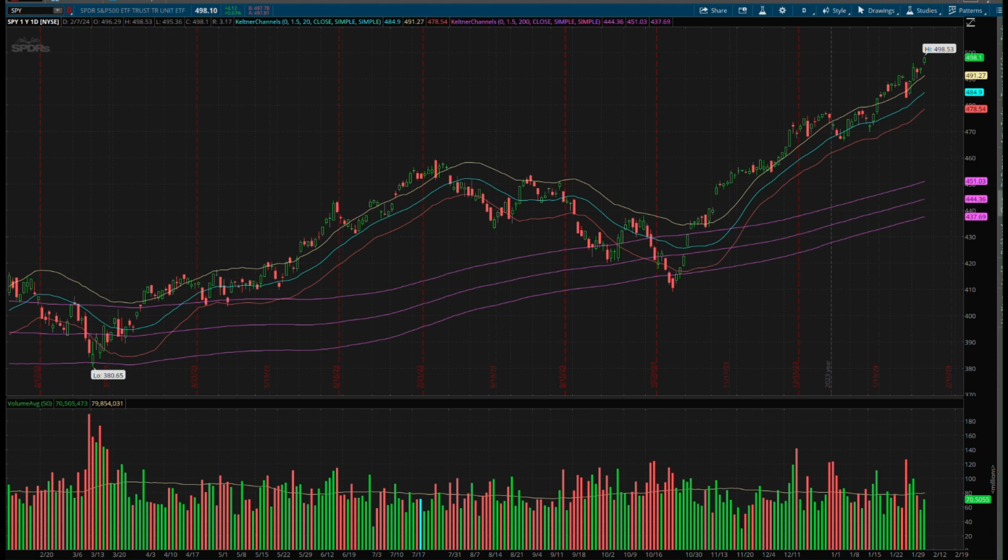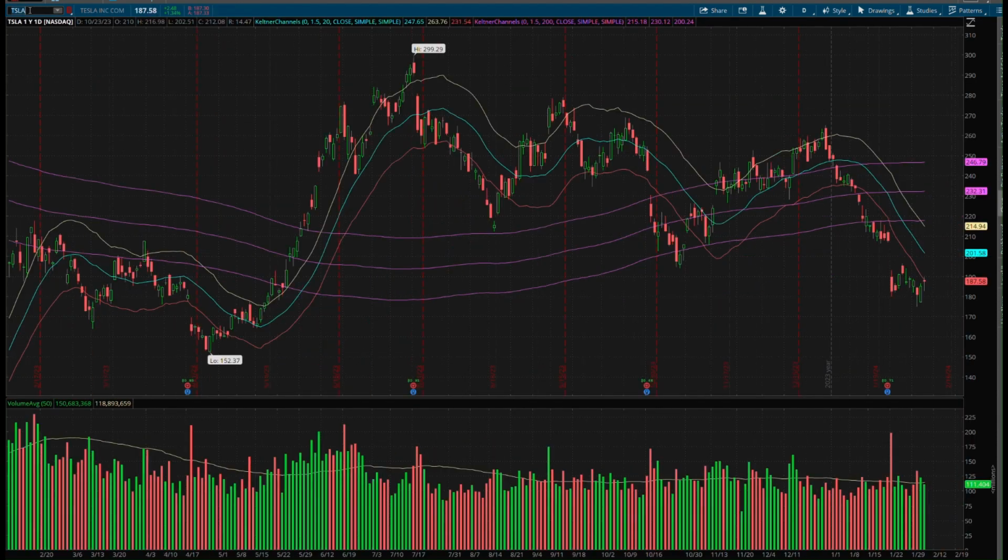Let's go to the bearish scenario. You see, this is Tesla daily, and Tesla is swinging a lot nowadays.